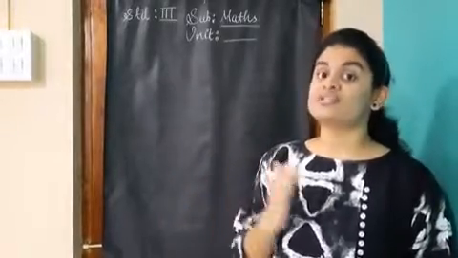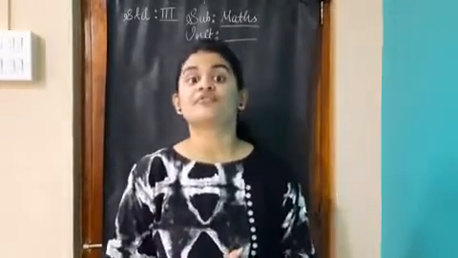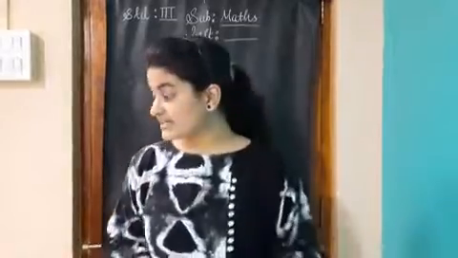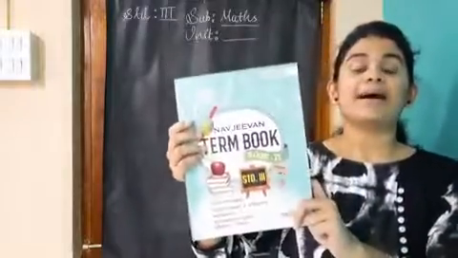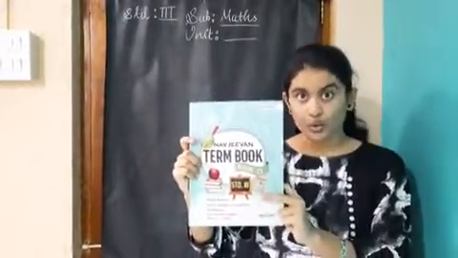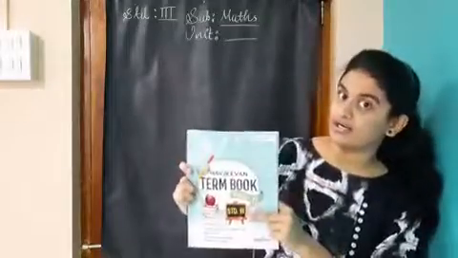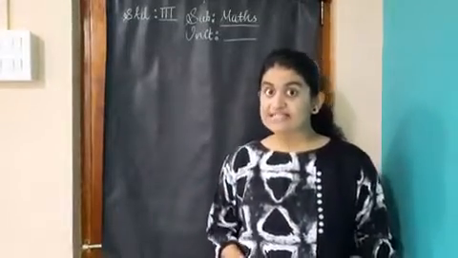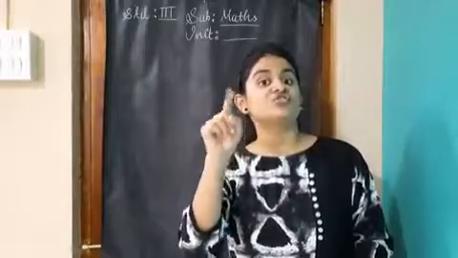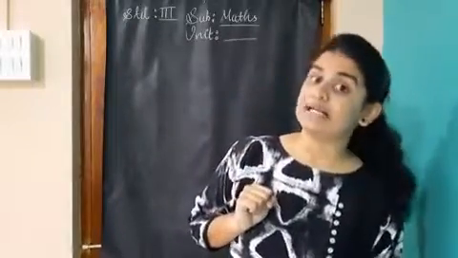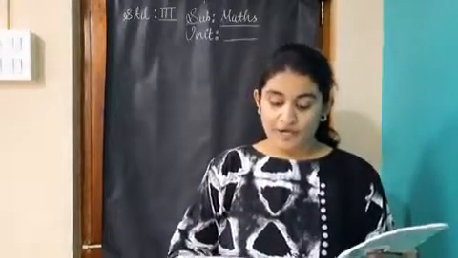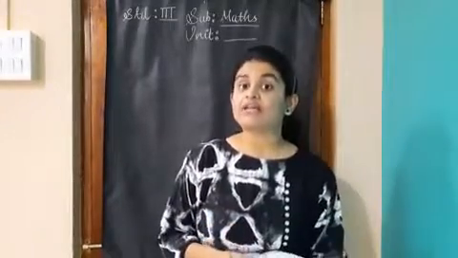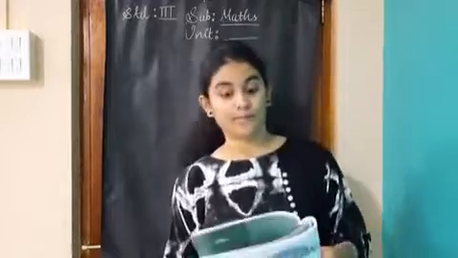So today we are going to start with a new lesson from our new book, that is combined book number 2, for standard 3rd. And today we are going to start teaching with the first chapter, that is multiplication. So please open your page number 59 from your combined book.